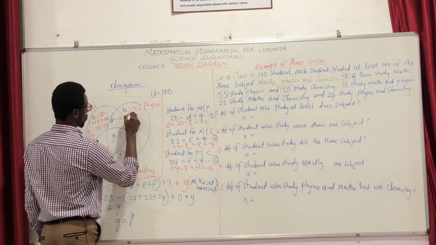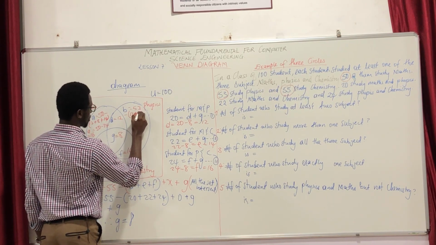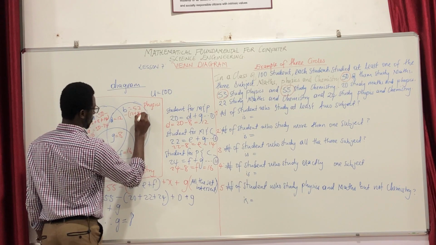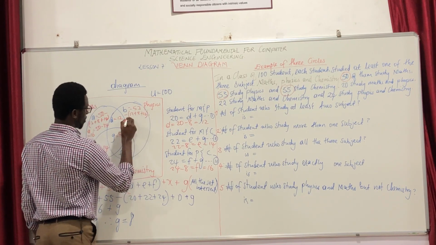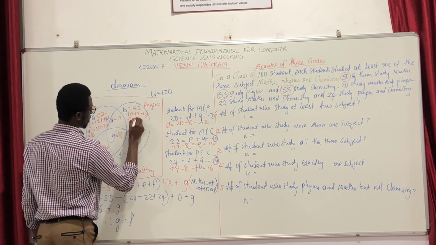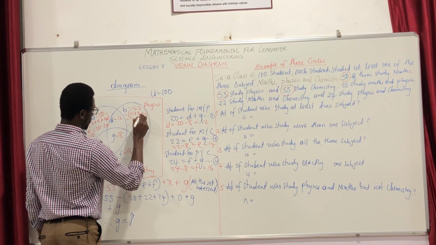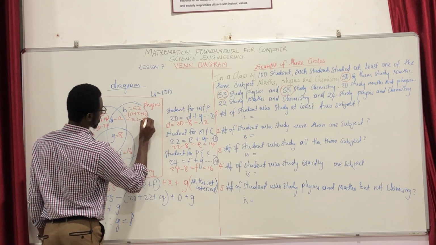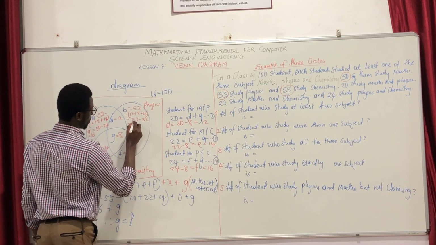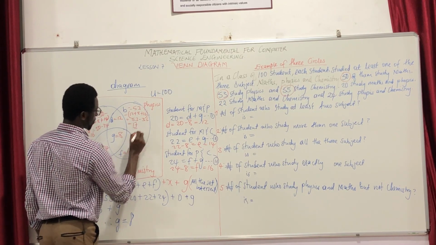Here, 12 plus 8 plus 16, which is 36. 53 minus 36. So this again is 17.